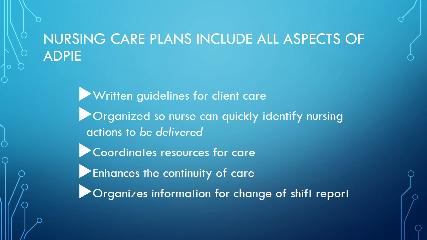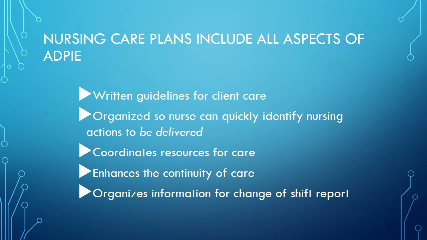Care plans should include all aspects of ADPI. So we're going to have written guidelines for patient care, well organized so the nurse can quickly identify nursing actions to be delivered. The care plan is going to coordinate resources for care, enhance the continuity of care, and it's a means of organizing information for change of shift report.